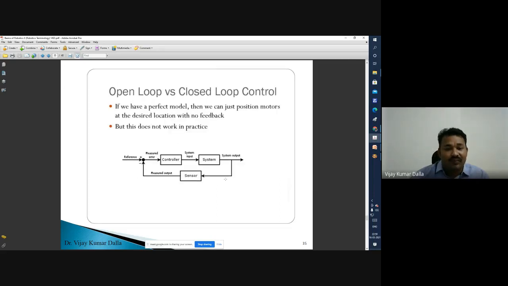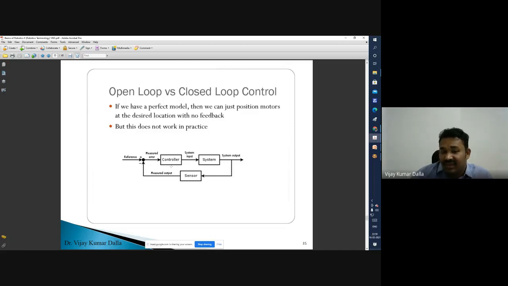This is open loop versus closed loop control. Like in a water tank, if there is no wall, the water will overflow. That is the example of open loop. If there is a wall, it detects the water level, detected by a sensor and controlled, in the case of a robot, by the controller.